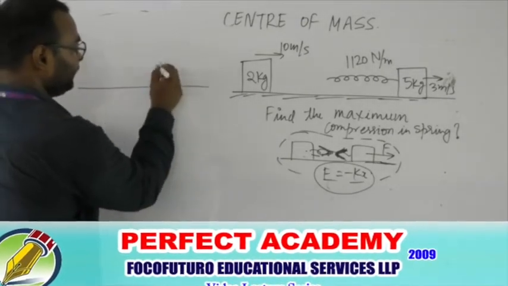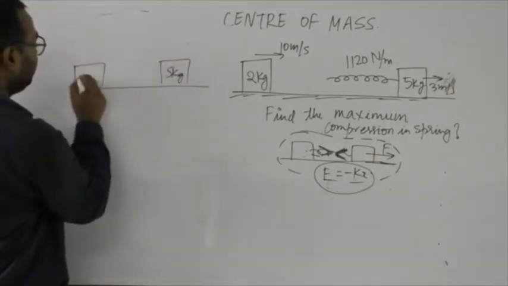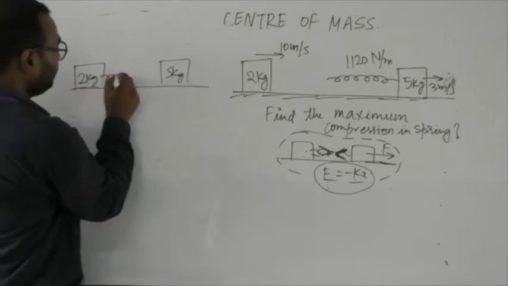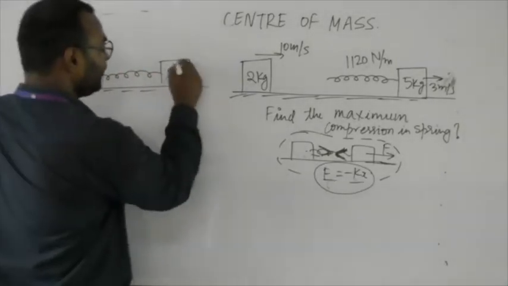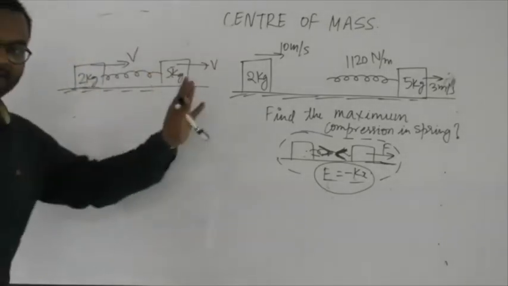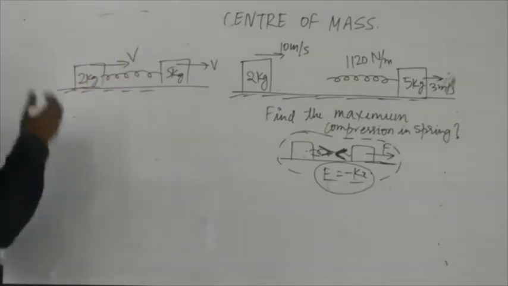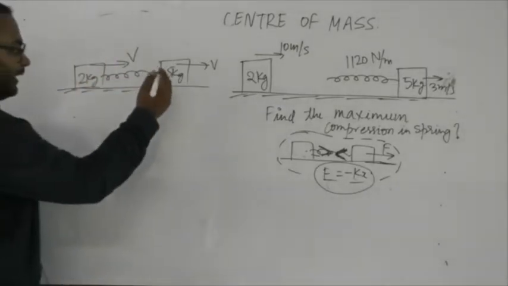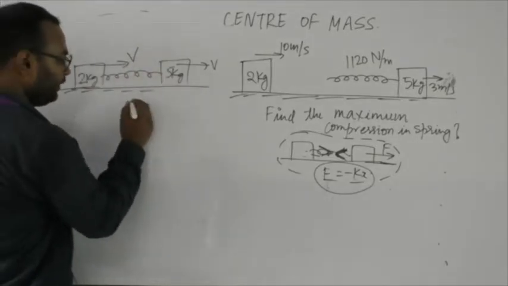Like there is a 5 kg block and here a 2 kg block. It will go and compress the spring until they start moving with the same velocity. While compressing, they start moving with the same velocity. At the maximum compression, they start moving with the same velocity.